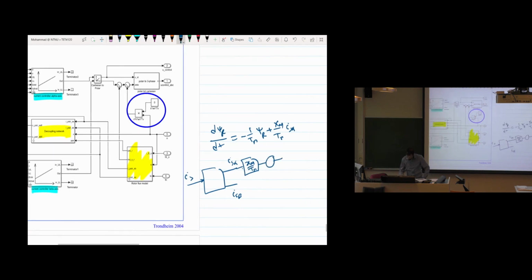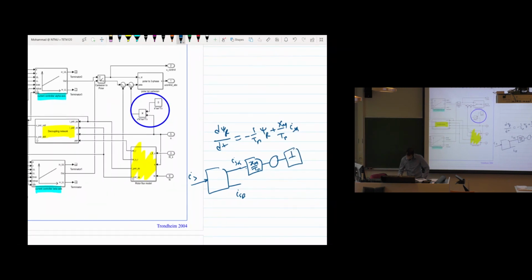Then you integrate it, which gives you ψr, and again you take this back with 1 over Tr, and this is a minus sign. So this is the block diagram that you can implement in software, in Simulink, wherever.